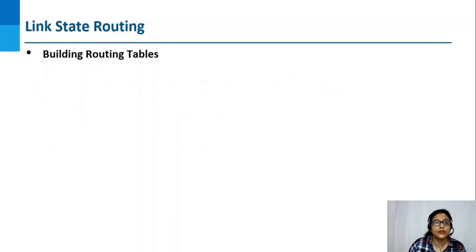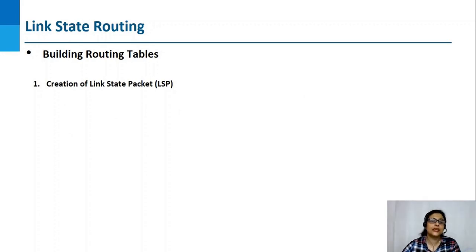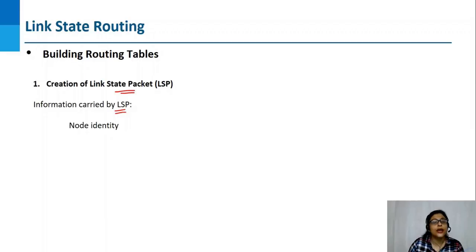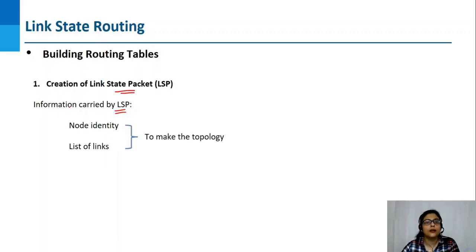Now how to build the routing tables using the shortest path tree? Number 1 is creation of link state packets, or LSP. Now the information carried by these LSPs will be the node identity and the list of links, and these 2 are basically used to make the topology.